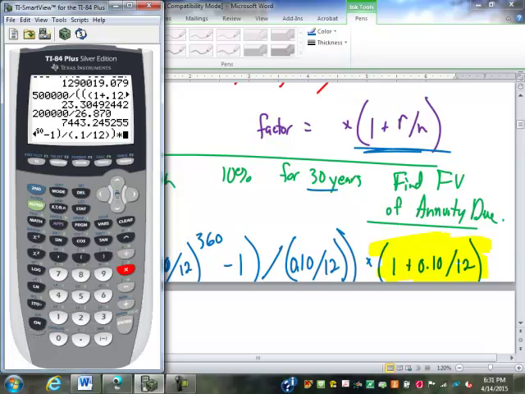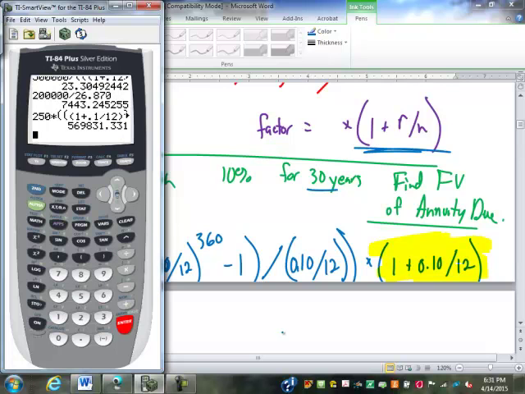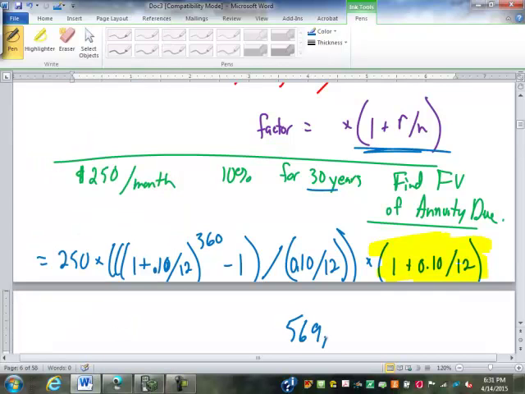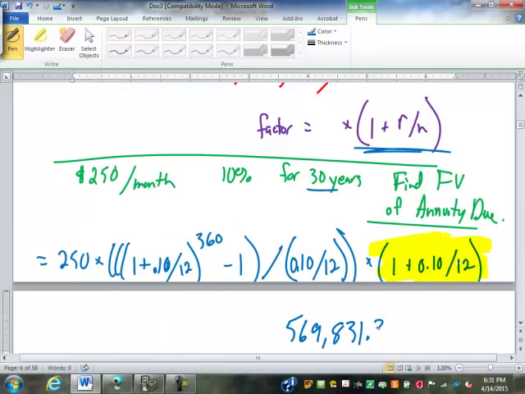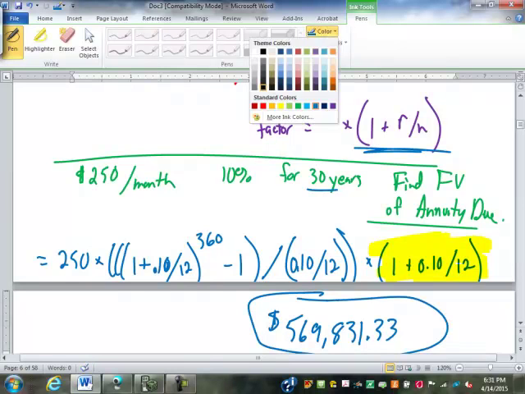Now for the annuity due, we do times open, 1 plus 0.1 divided by 12, close. $569,831.33. Not so bad.